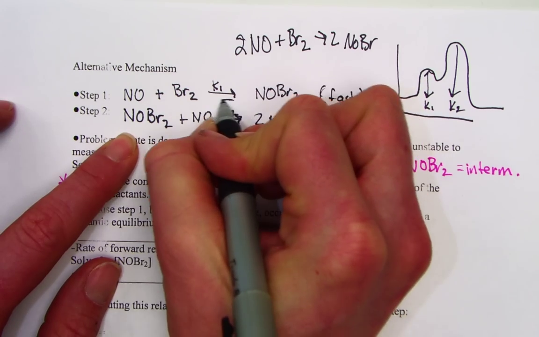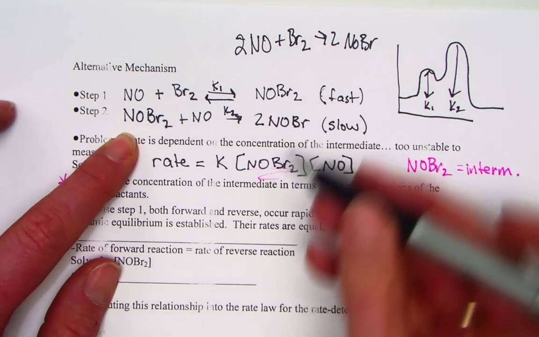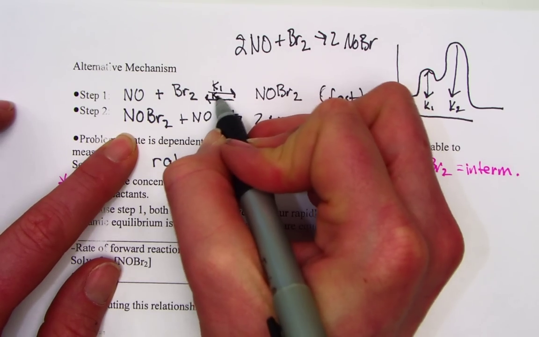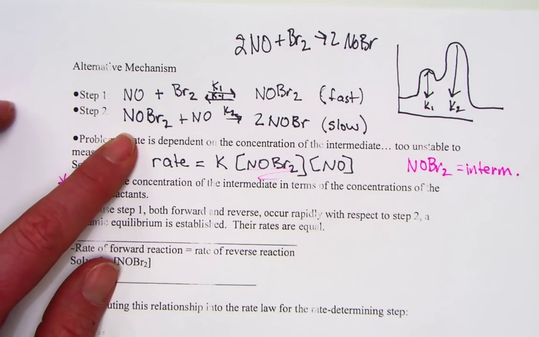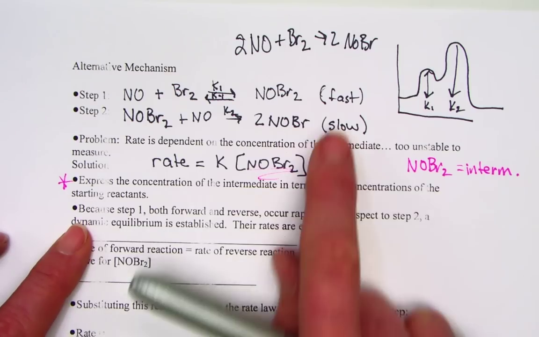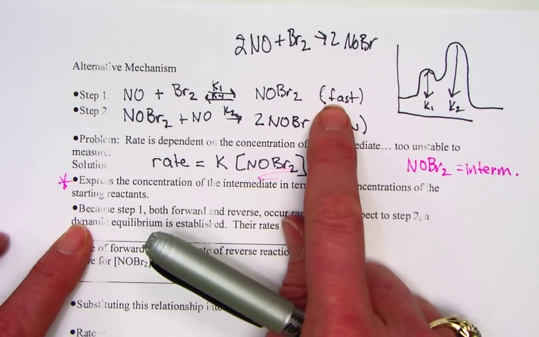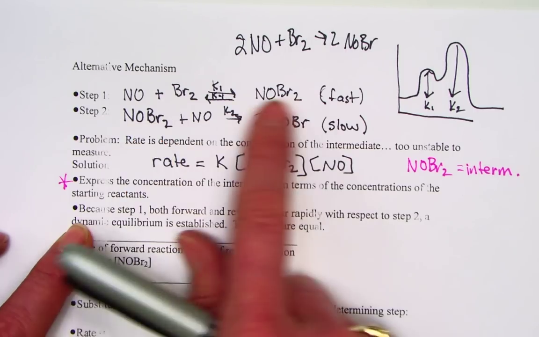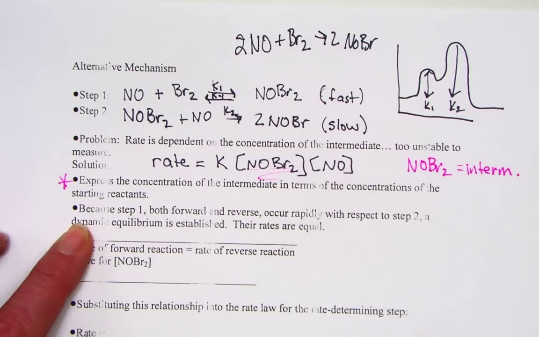What then happens is an equilibrium is established. NOBr2 will go back to the original reactants, and we call that k-1, the reverse of our first elementary reaction. So in the fast first step, when we start to accumulate product faster than it can get consumed in the next reaction, we make the assumption that an equilibrium is forming.